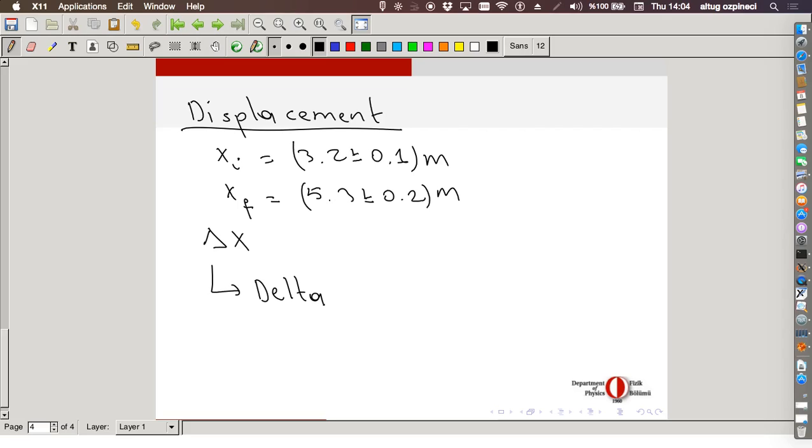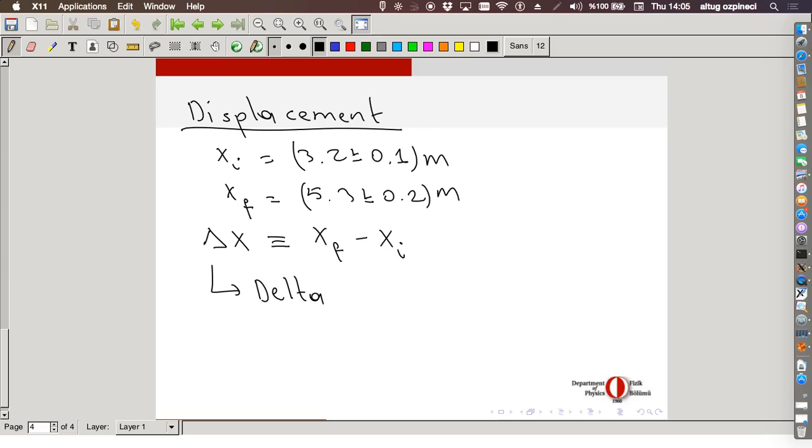This is the capital delta, this symbol over here. And we usually use this delta to denote some small or large changes in a given quantity. So this just means the change in it. Now, the change in any quantity is always defined as the final value minus the initial value. This is the change in the position of Umut.